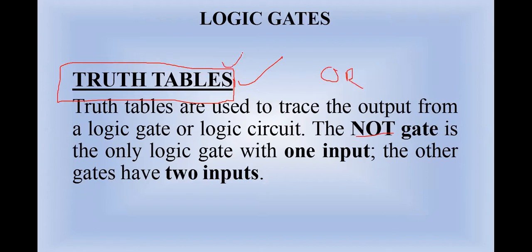So the truth table is able to show you the name of the logic gate we are using at that instance. Building a truth table is not a job. You have to pay attention to the details of what we are going to discuss. Otherwise, you won't be able to finish your logic gates.